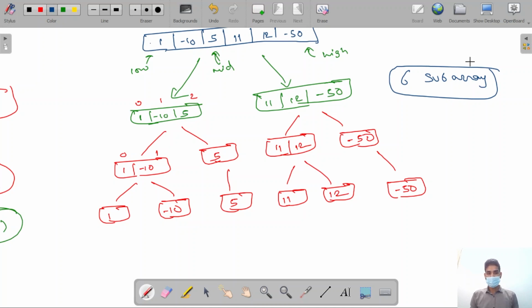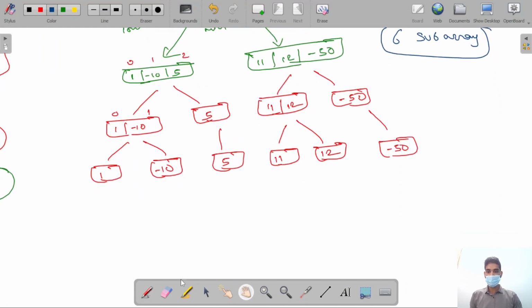And now what we will do, we will combine them. These two will get combined. Basically, wait for some time. Okay. We will combine these two and we will sort them. This will remain same.